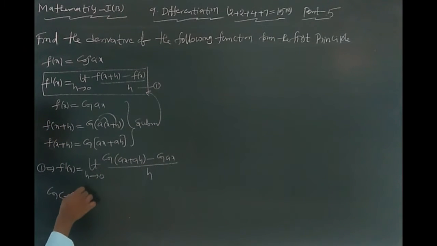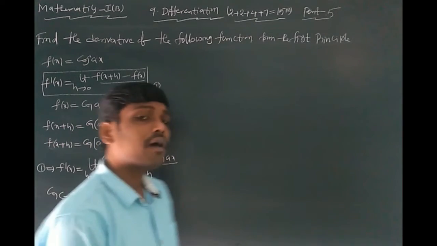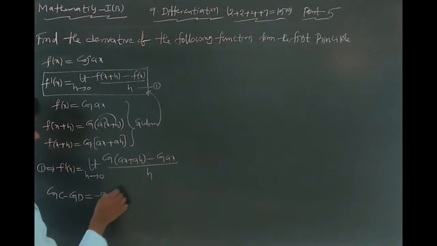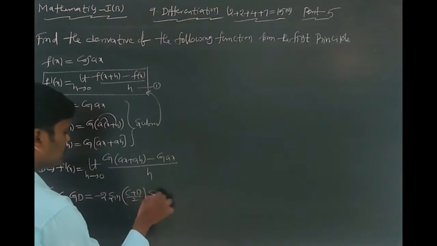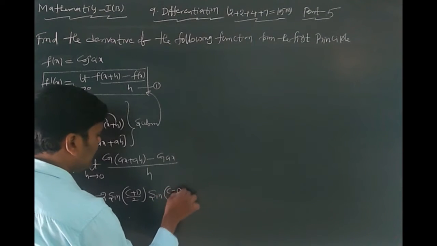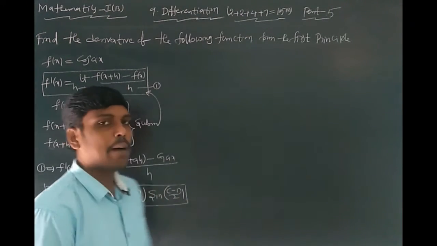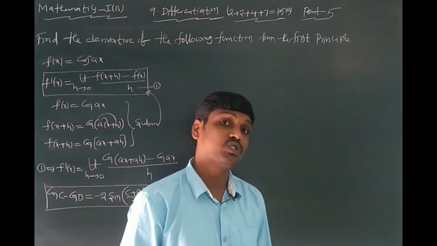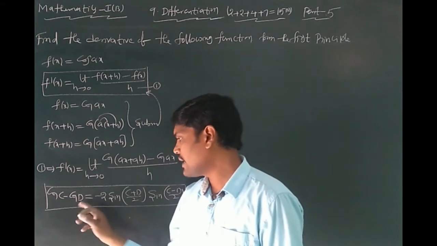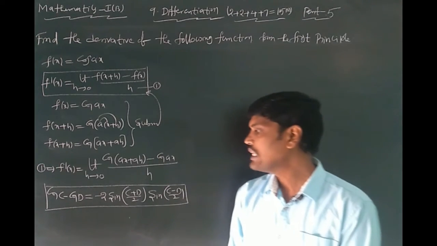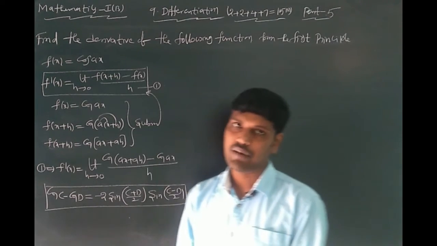What is the formula of cos c minus cos d? Cos c minus cos d is minus 2 sine of c plus d by 2 into sine of c minus d by 2. This formula comes in trigonometry, up to transformations, in Mathematics 1A. I already explained that formula.